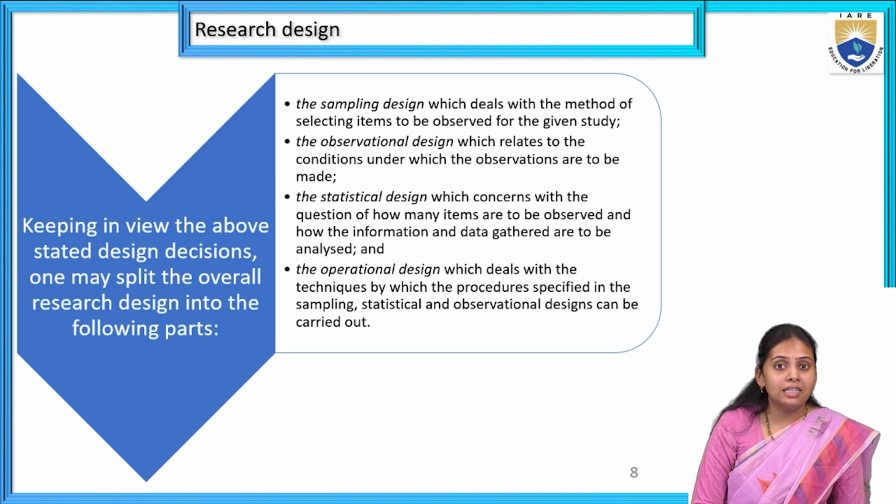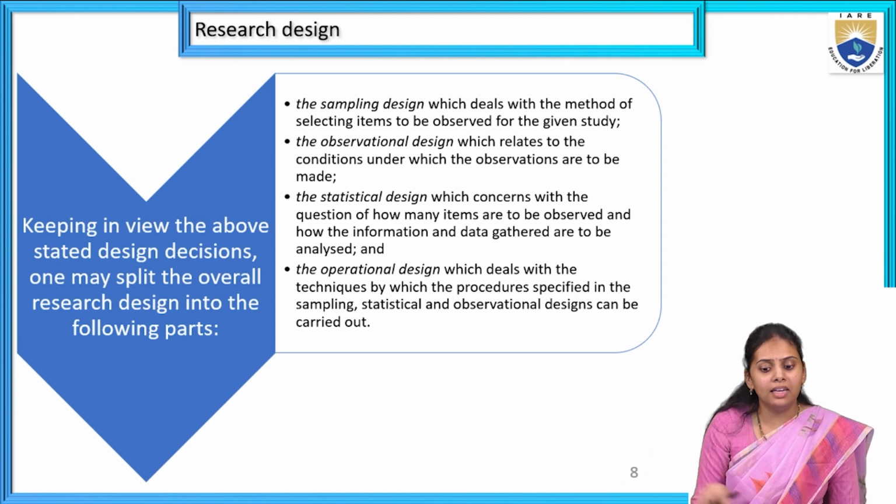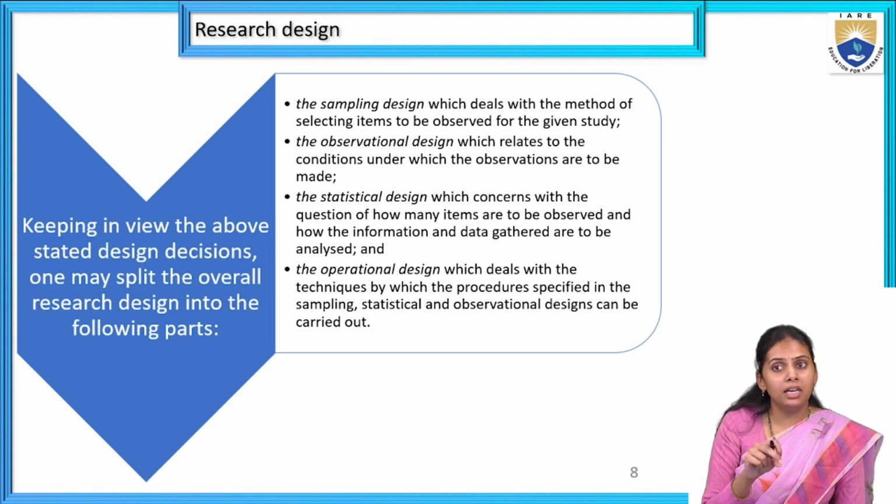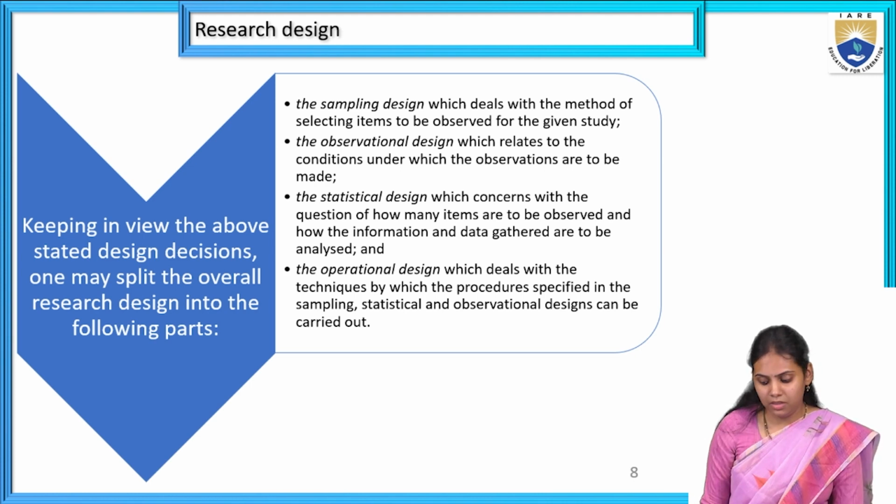And the statistical design, which concerns the question of how many items are to be observed and how the information and data gathered are to be analyzed. And finally, the operational design, which deals with the techniques by which the procedures specified in the sampling, statistical and observational designs can be carried out.